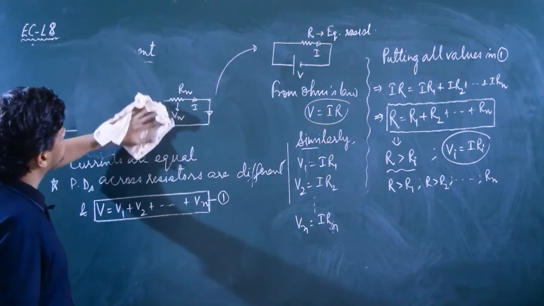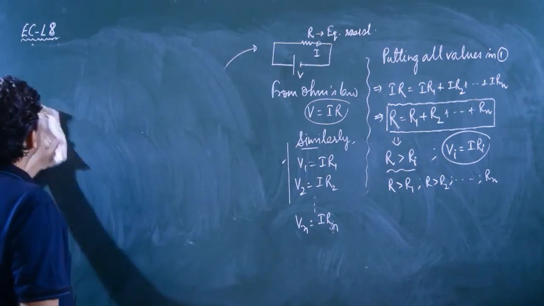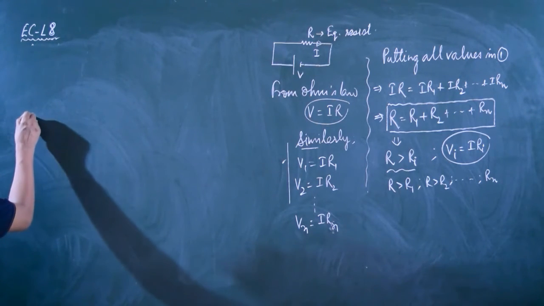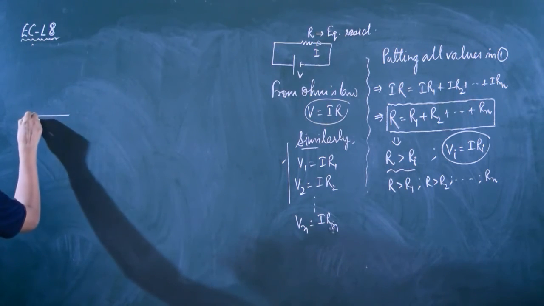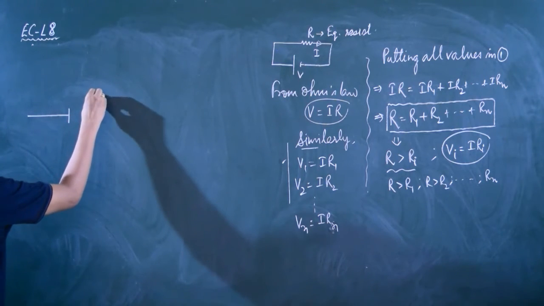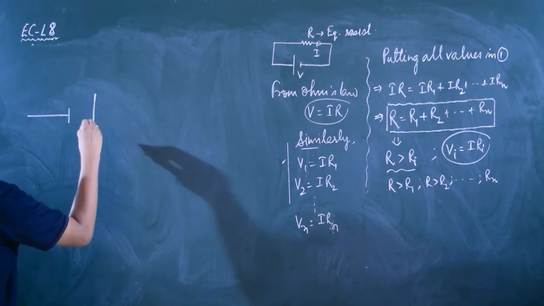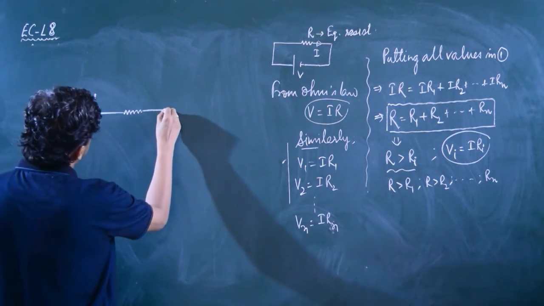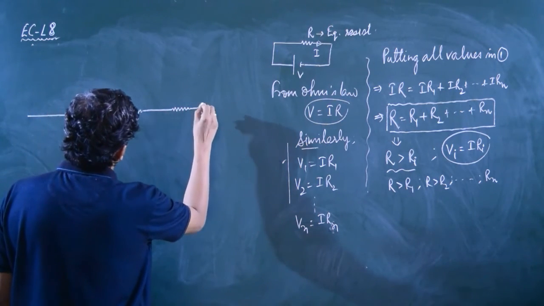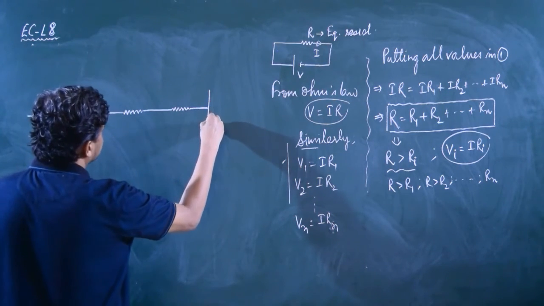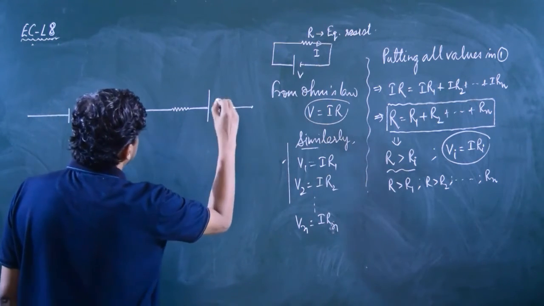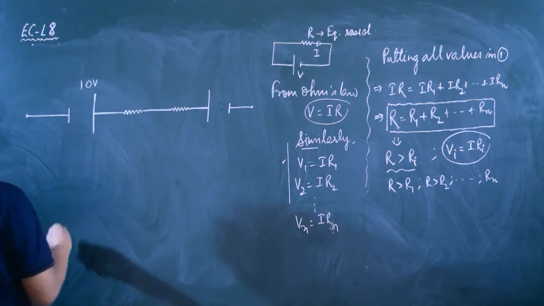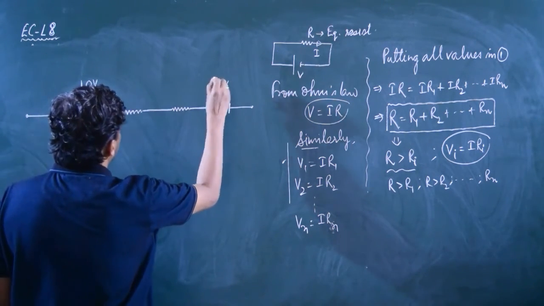Now before coming to the arrangement of cells, we come to one more graph. It is of 10 volt and it is of 4 volt.